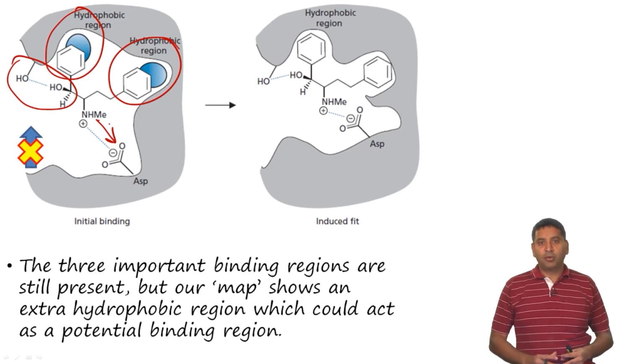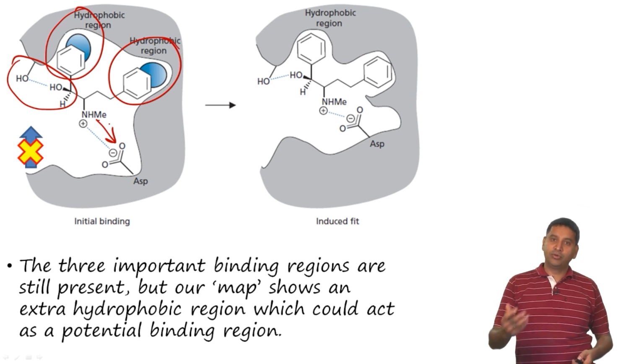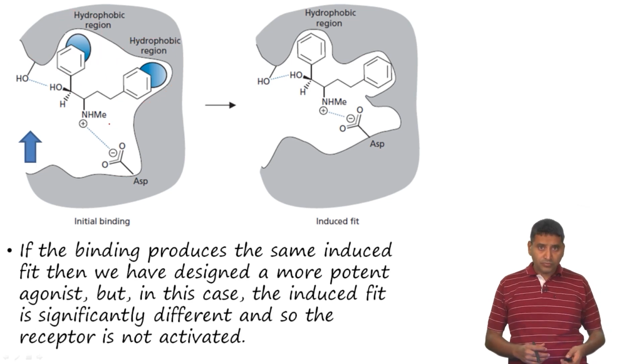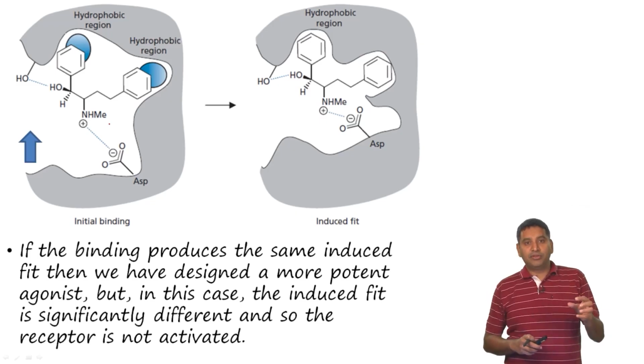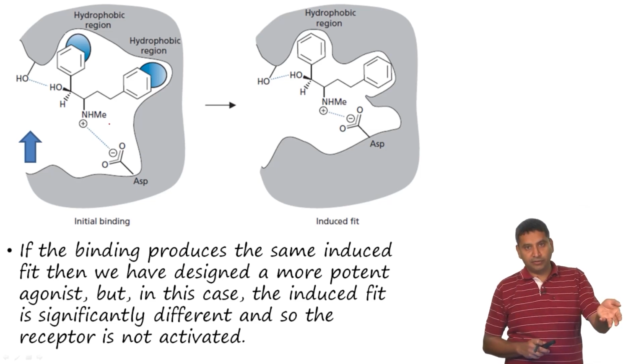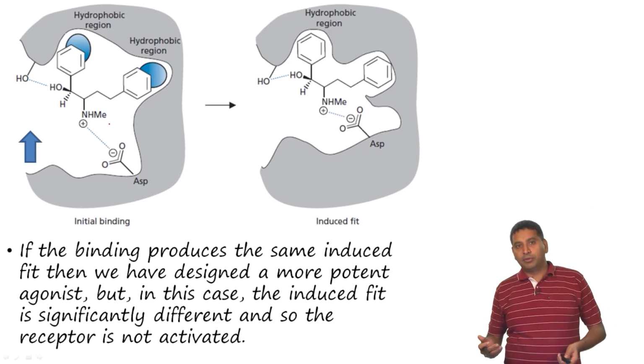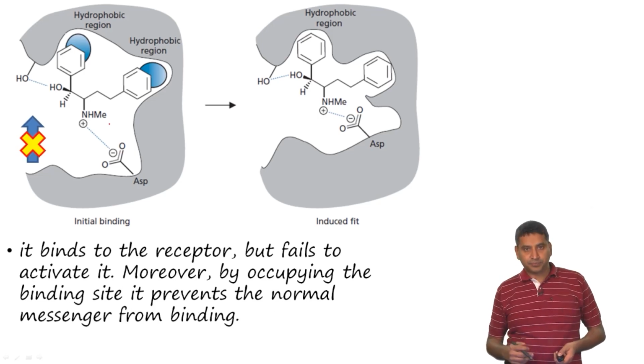So, the three important binding regions are still present, but the extra hydrophobic region, which acts as a potential binding region, does not induce a conformational change. Okay. So, we have designed a more potent binder, but in this case, since the induced fit is significantly different, the receptor is not activated. So, this is one principle that one could employ to design a new antagonist.